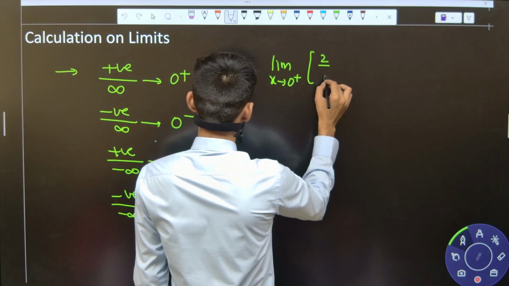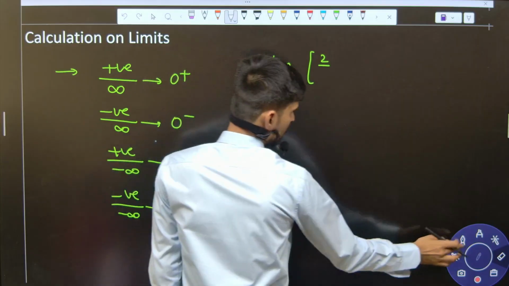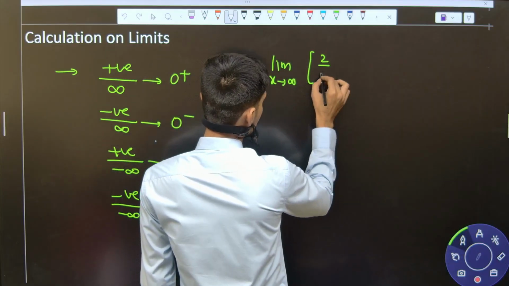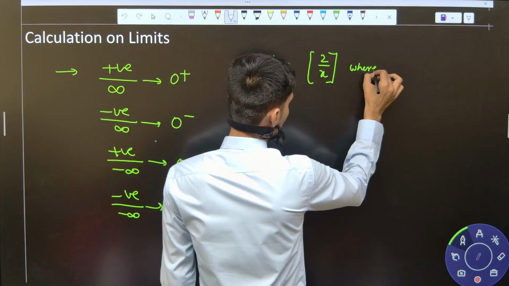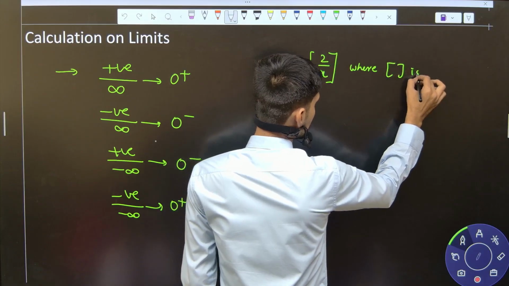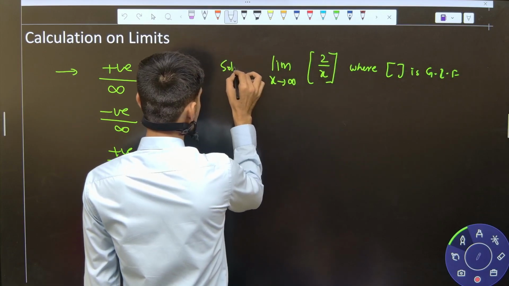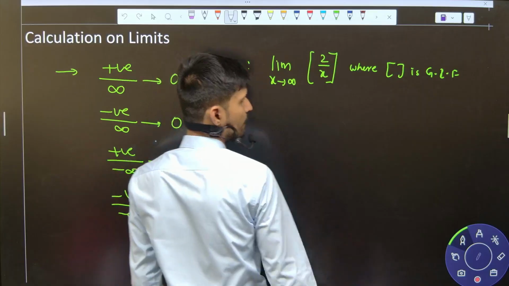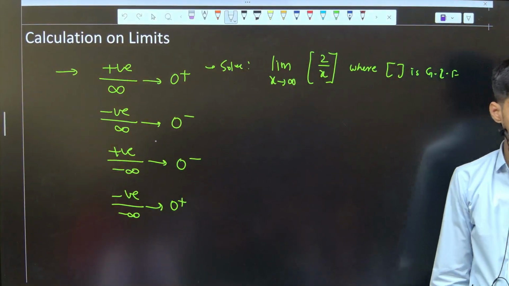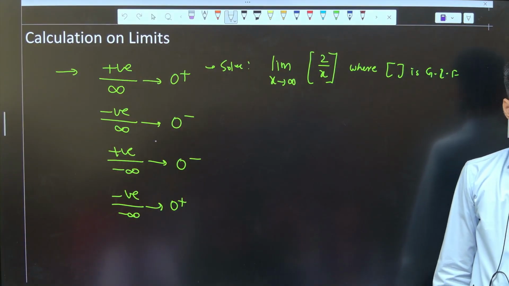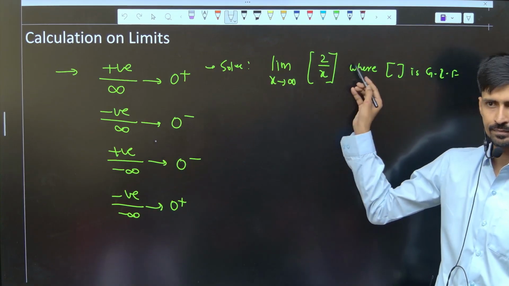It means if someone is asking you the question, limit x tends to infinity of the greatest integer of 2 by x, and asks you to solve it.